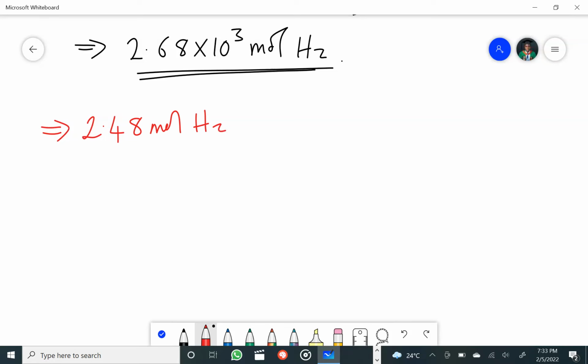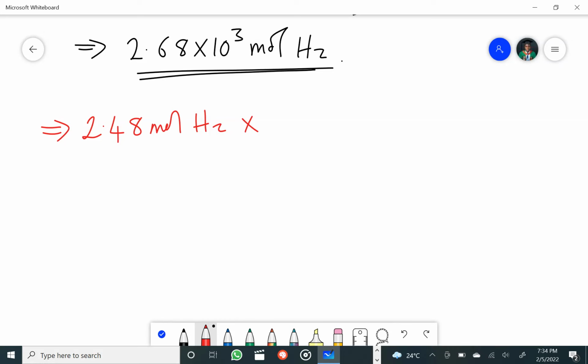So let's figure out the number of moles of nitrogen which have to react with this.